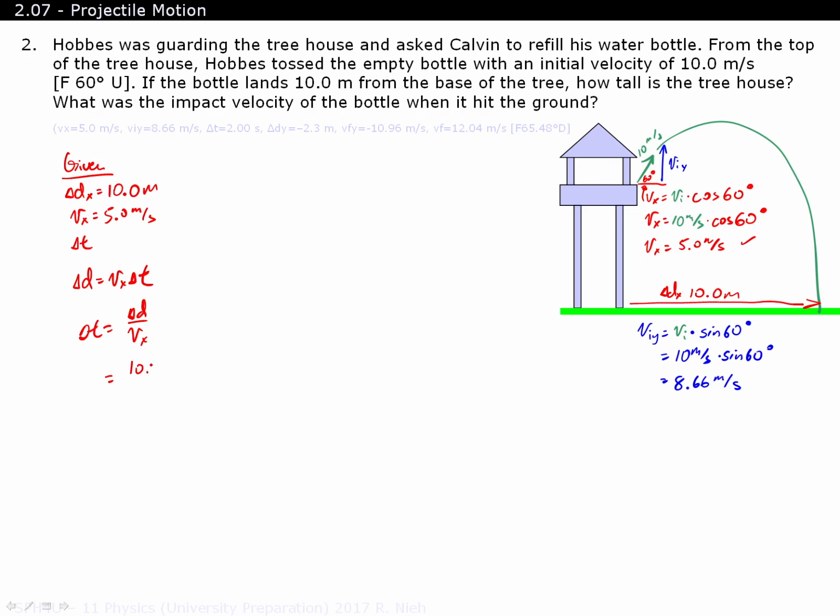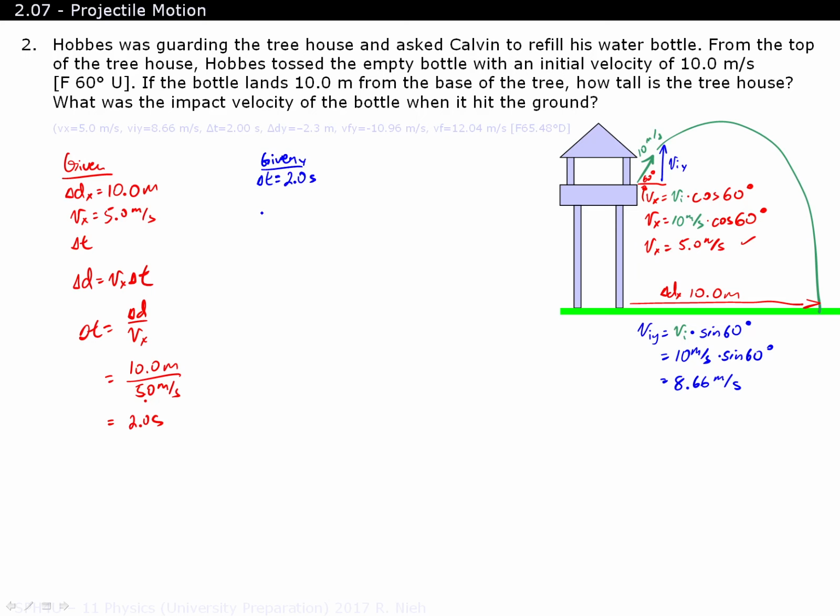When we divide 10 meters by 5 meters per second, we end up with a time of 2 seconds. So it takes 2 seconds for the bottle to travel across, and it'll also take 2 seconds for it to travel up and down. So we'll have to recycle this 2 seconds for our givens in the y dimension.